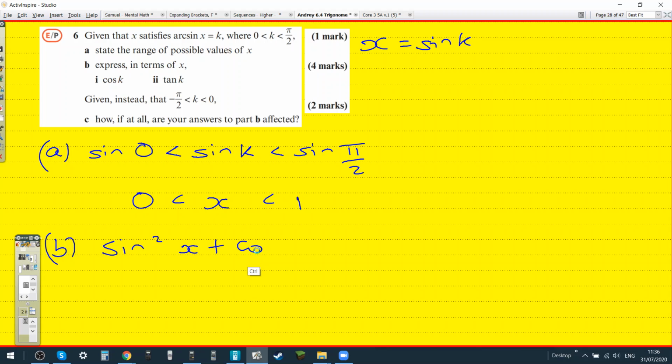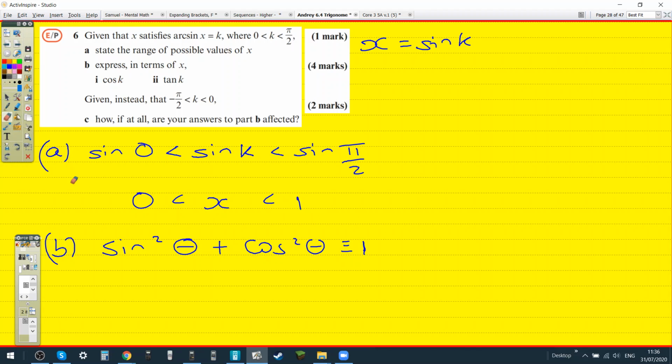Maybe I'll just use theta actually. They're already using x. Okay. Actually, maybe I'll use k. So 1.